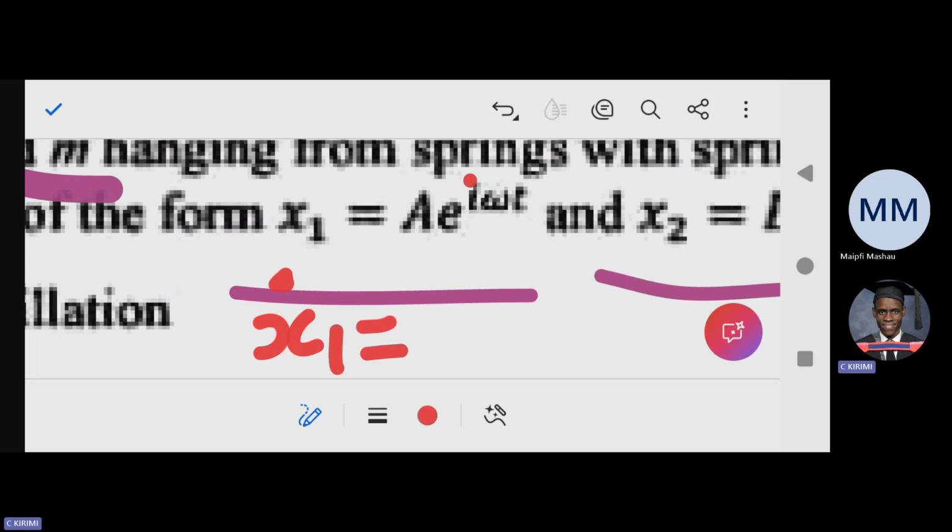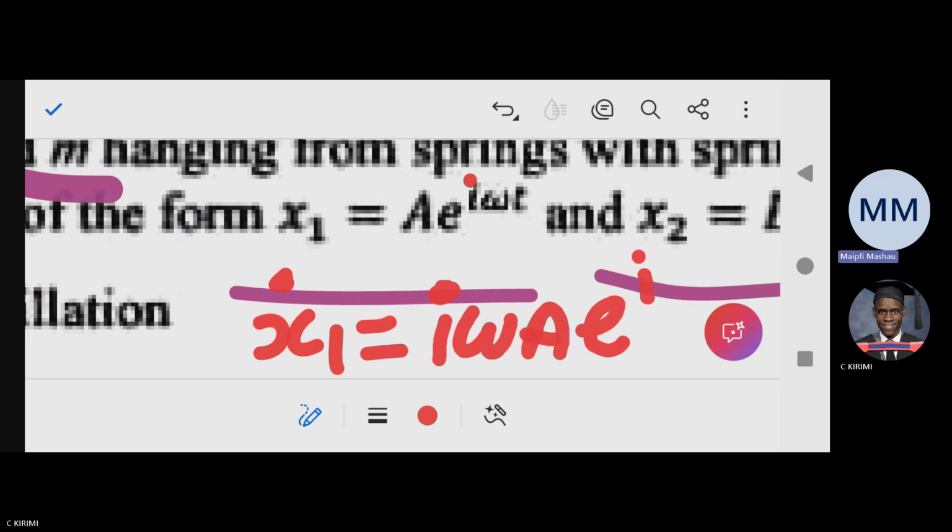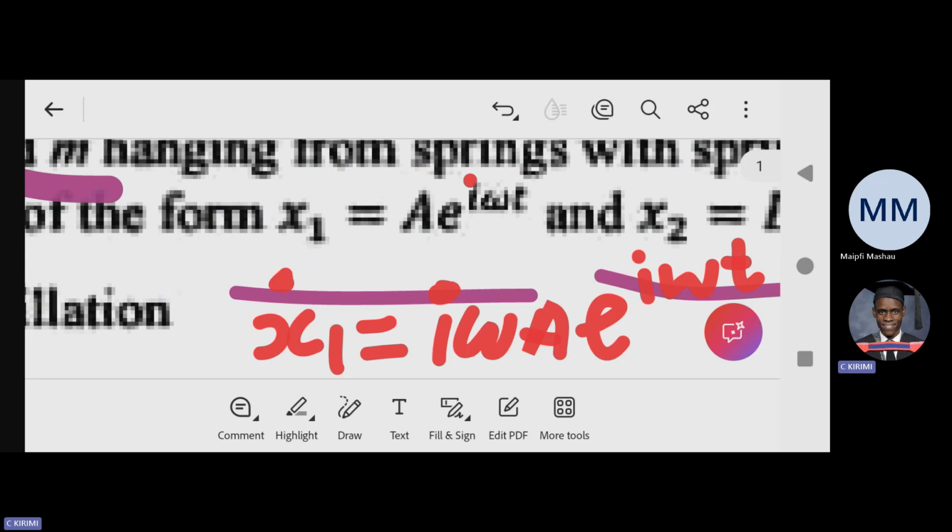If I differentiate with respect to t, I'm going to get i omega A e to the power i omega t, positive.